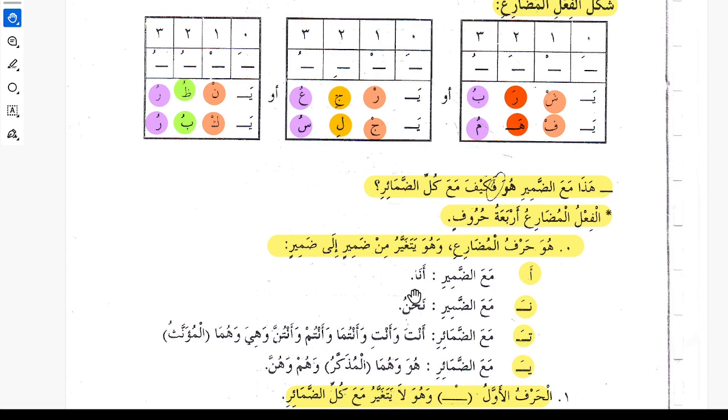So for ana, this ya will change to hamza. For nahnu, this ya will change to na. For the pronouns anta, anti, antuma, antum, antunna, wahiya, wahuma, al-muannas, this changes to ta. For huwa, wahuma, muzakkar, wahum, wahunna, this remains ya.